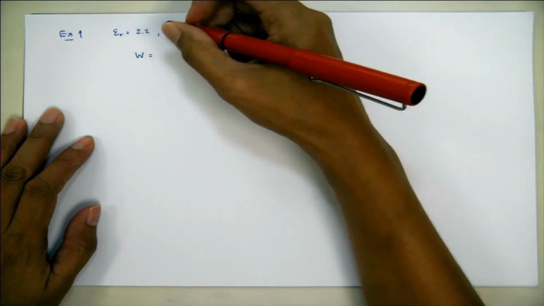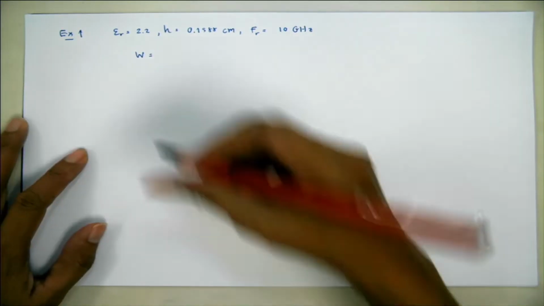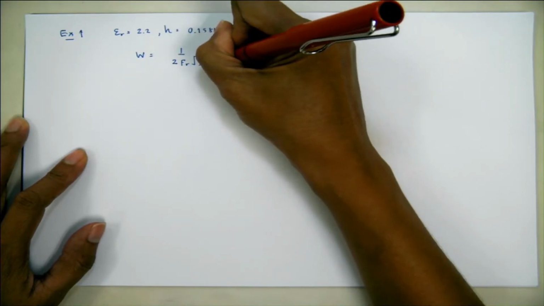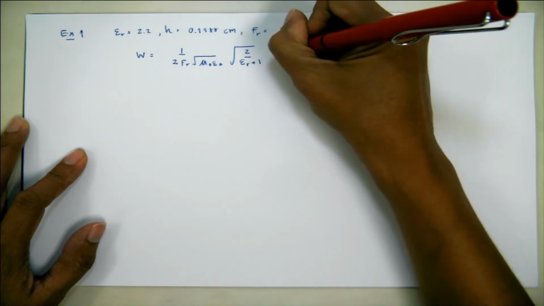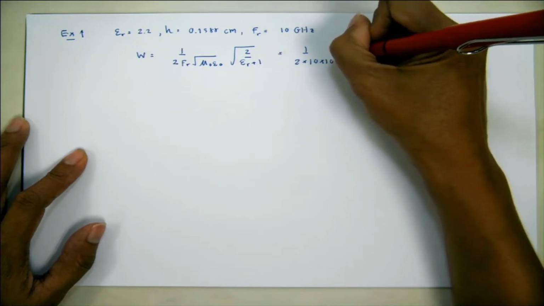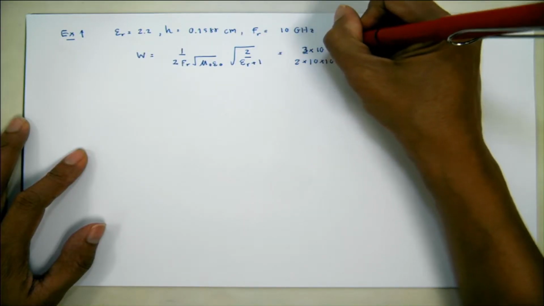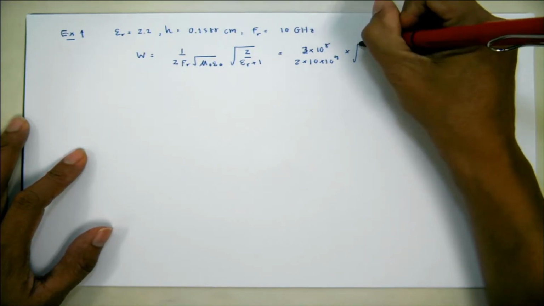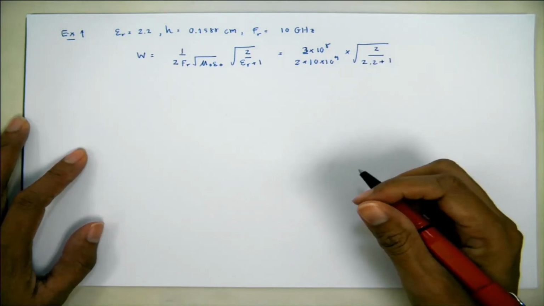Our W, if you look at the equations, is 1 over 2 FR, square root of mu naught epsilon naught, times the square root of 2 over epsilon r plus 1. So 1 over 2 times 10 to the 9, and the square root of mu naught epsilon naught is light speed, 3 times 10 to the 8, multiplied by the square root of 2 over 2.2 plus 1.